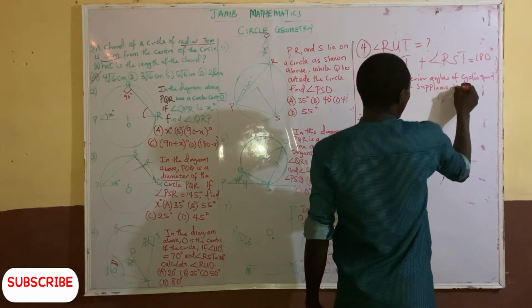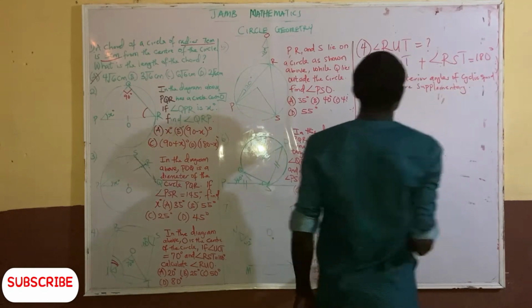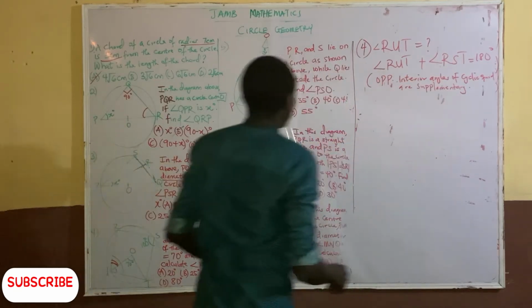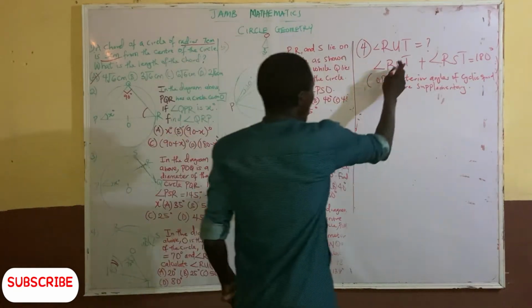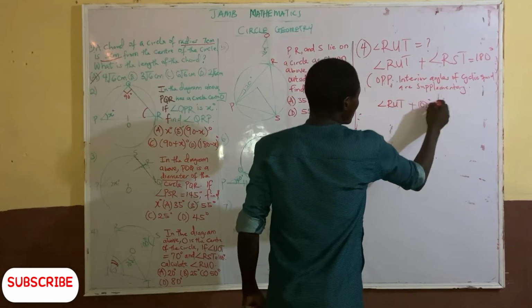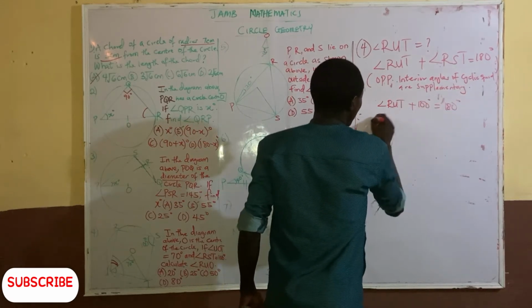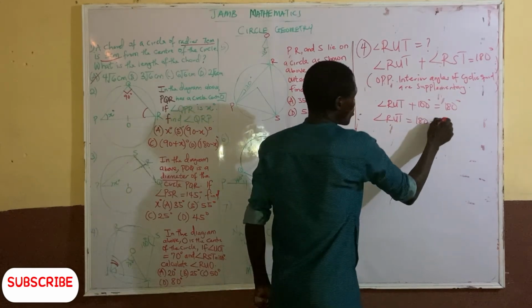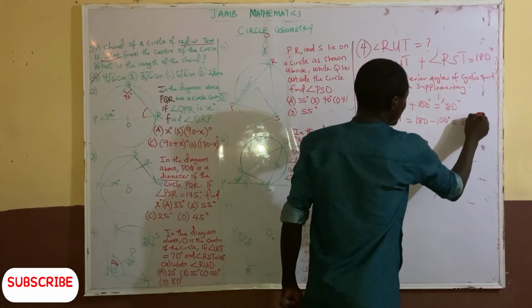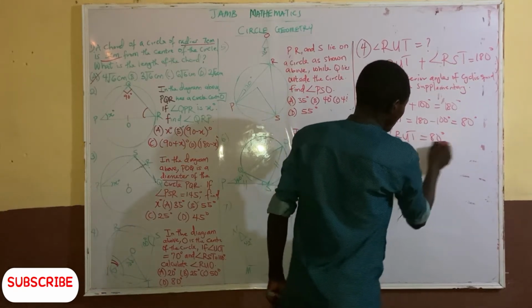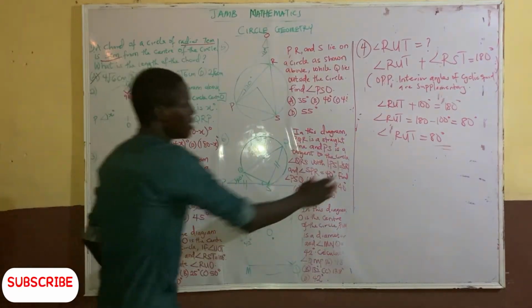That is, they add up to 180 degrees. So angle RUT plus 100 degrees equals 180 degrees. So angle RUT is equal to 180 degrees minus 100 degrees, which is 80 degrees. Angle RUT here is 80 degrees.